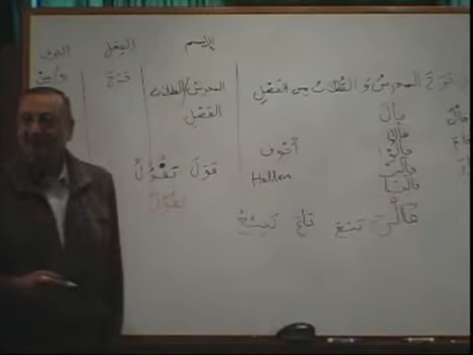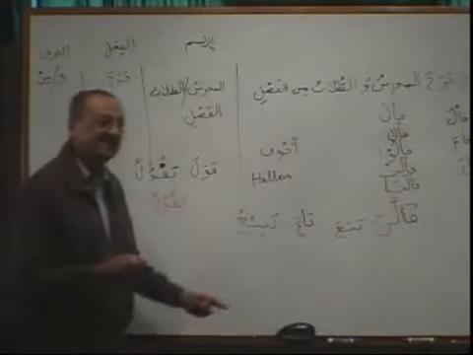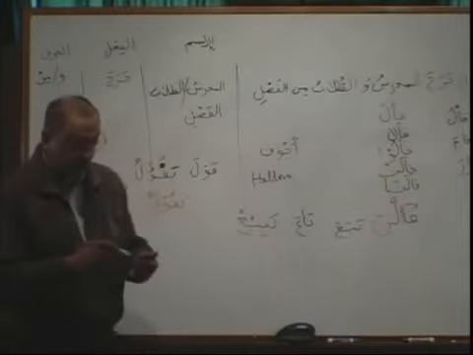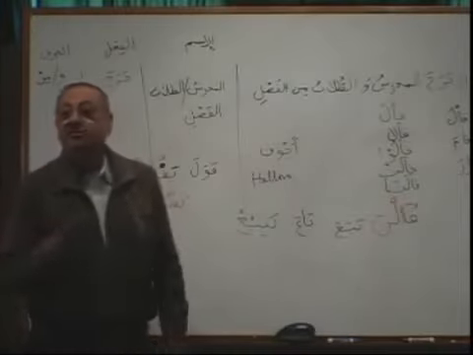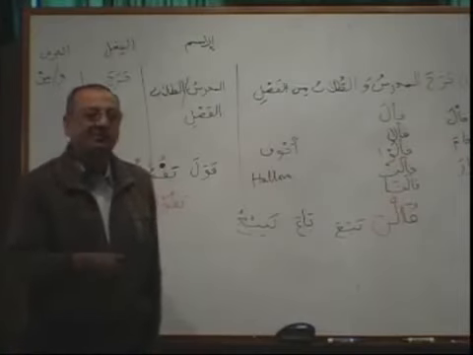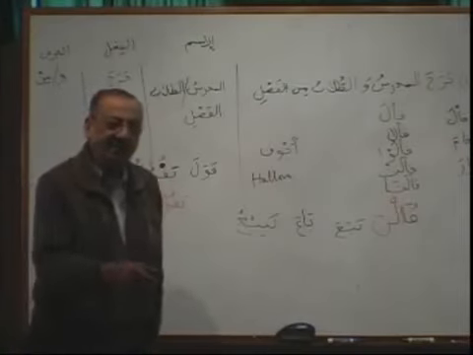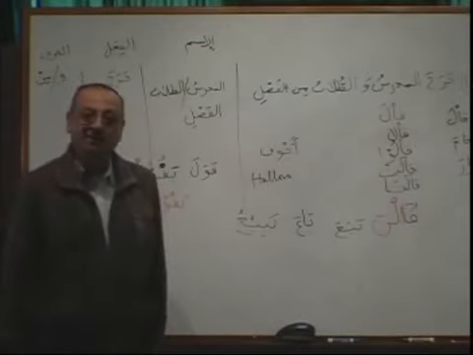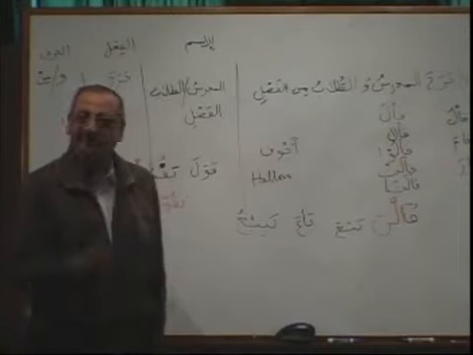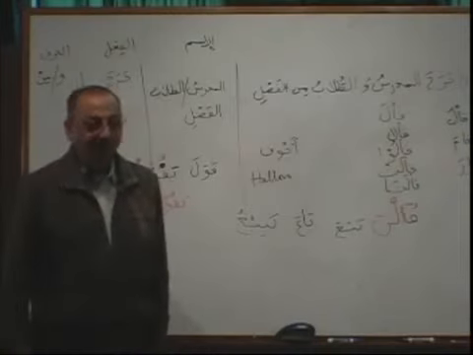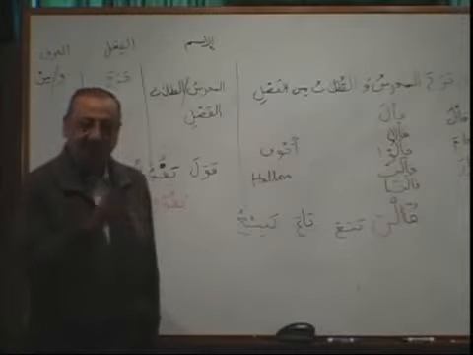Are you with me? It tells me that I have to go into the mudari' to figure it out, or we will always refer to the dictionary. But you know something? All these verbs, once they come in front of you, you will remember them. You won't forget, inshallah. Allah will make it easy on us, and we will always remember.